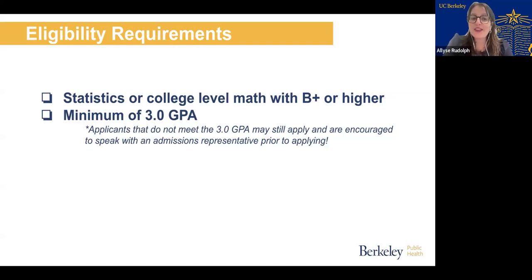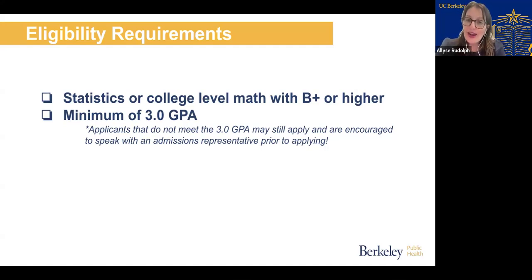The way the program is designed, your first year courses have a fairly intense quantitative focus. And we want to ensure that anyone entering the program has a strong base in quantitative preparation so that you'll be successful in those first year courses.